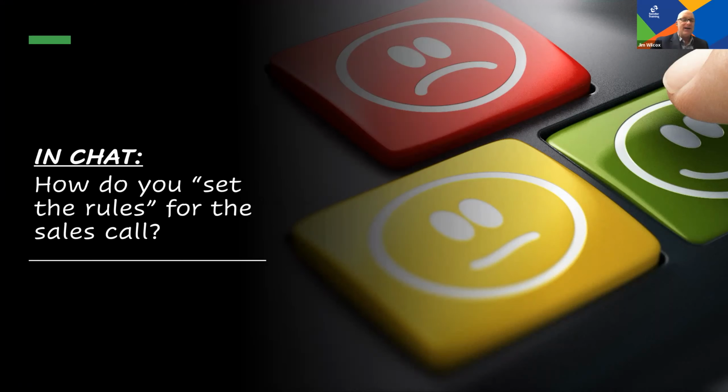But if you're new to us, how do you go about setting the rules of the sales call with the prospect so that they're on the same page as you as to what to do or what not to do? Please type that in chat. And if you don't do it, just simply say, no idea. If you do it, let me know how you do it.